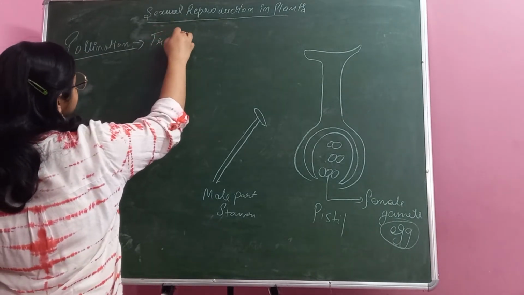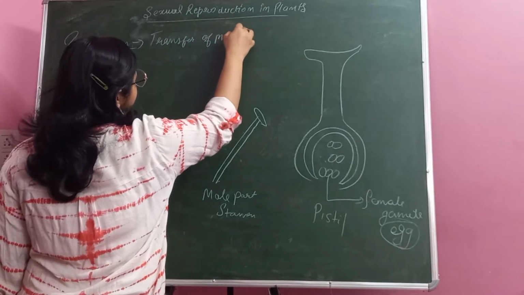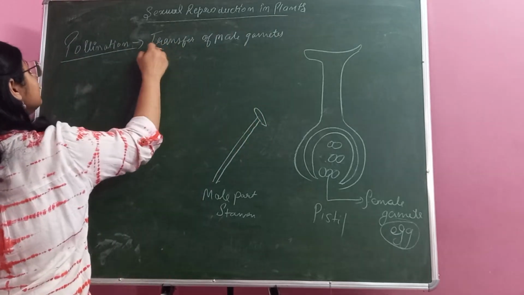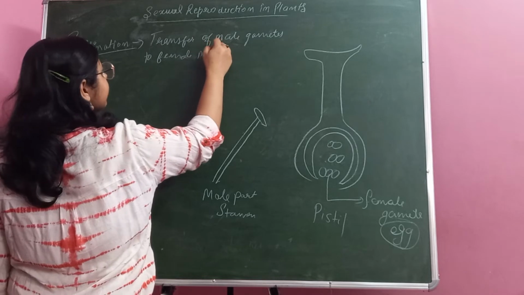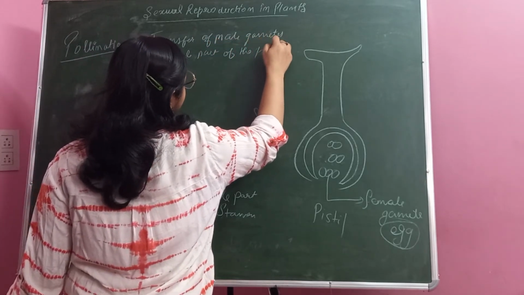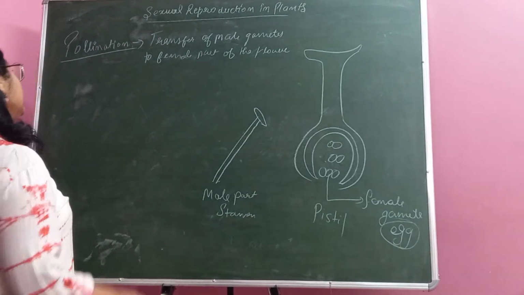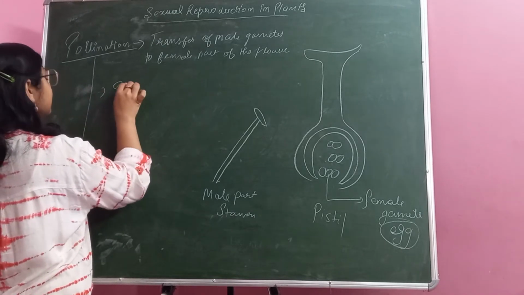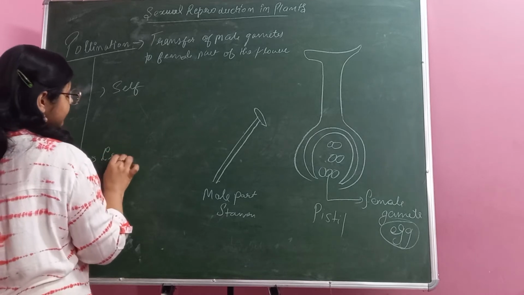It is transfer of male gametes to female part of the flower. Correct? Now this pollination can be categorized into two parts. It may be self-pollination or it may be cross-pollination.